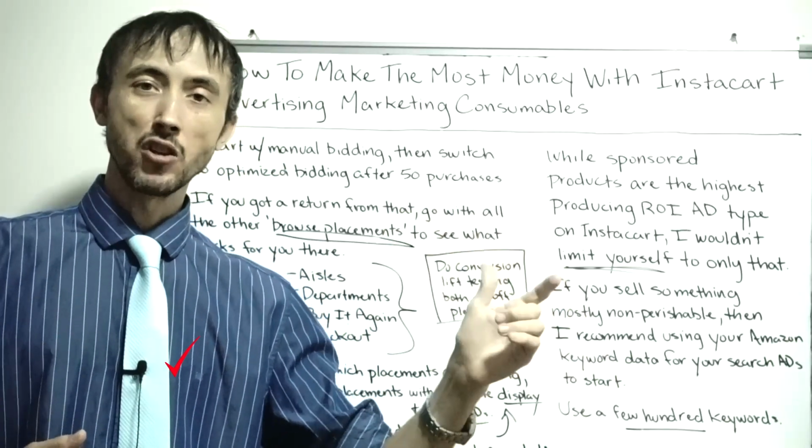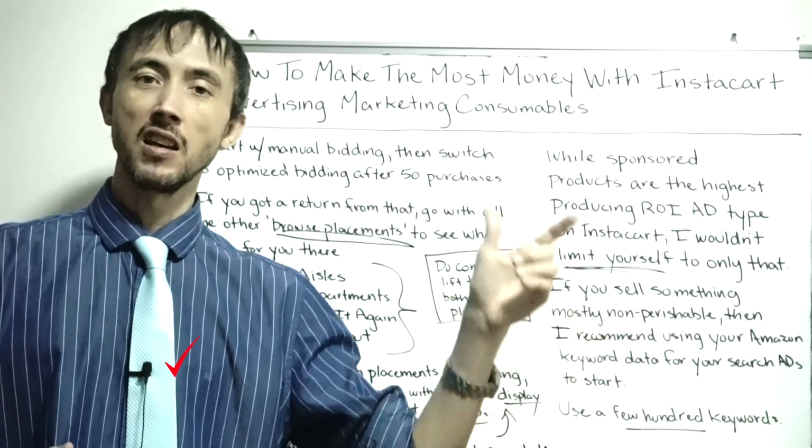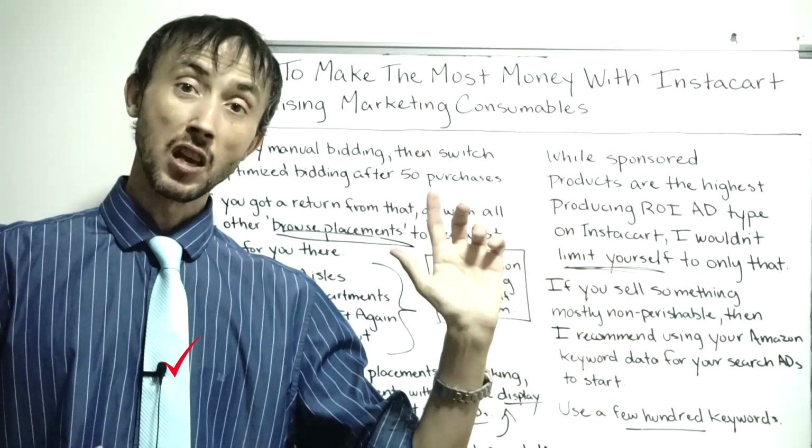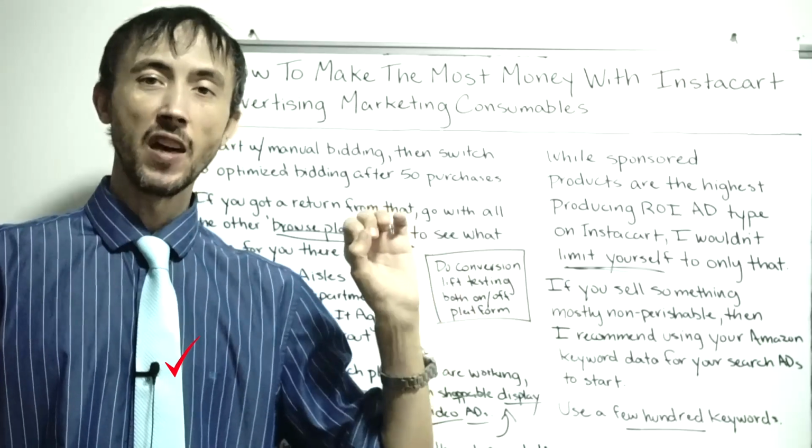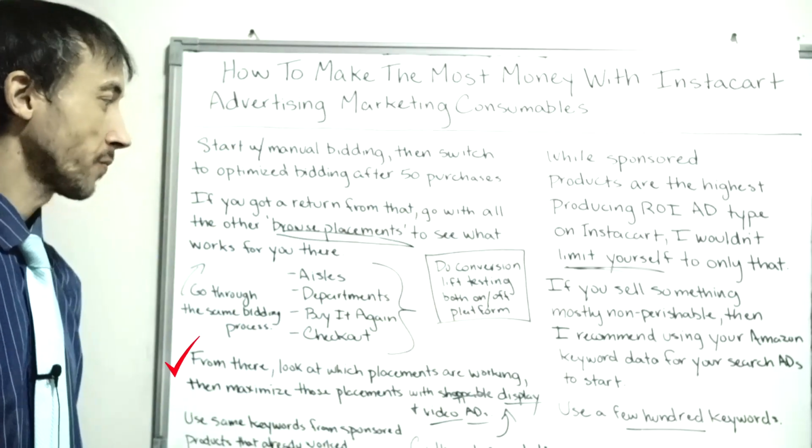For somebody who wants to buy a chocolate bar, they want to see what the chocolate bar looks like, so get a professional photo taken just for that spot, and then just run the sponsored display.